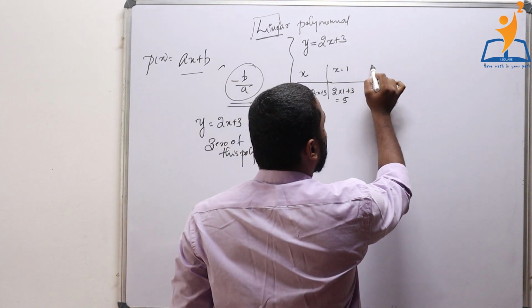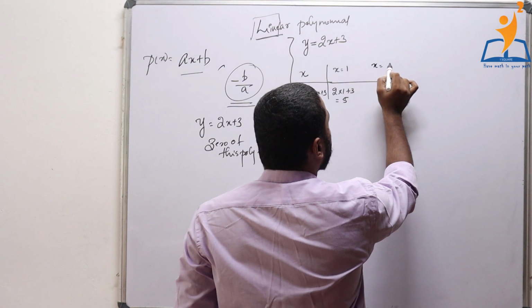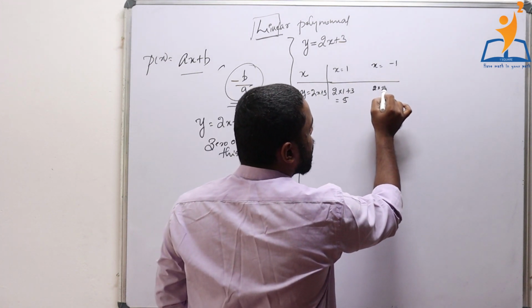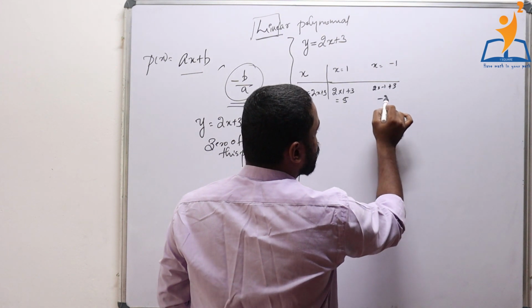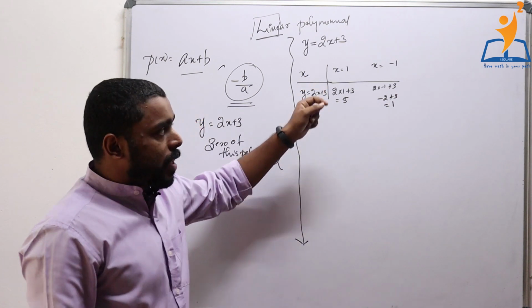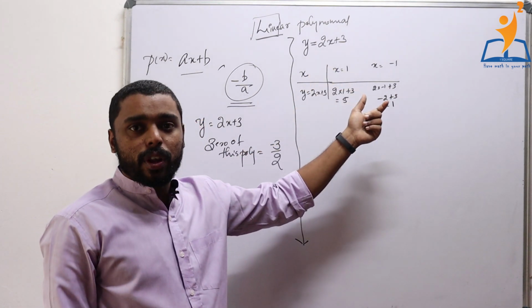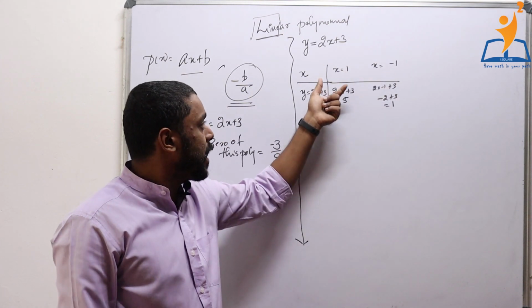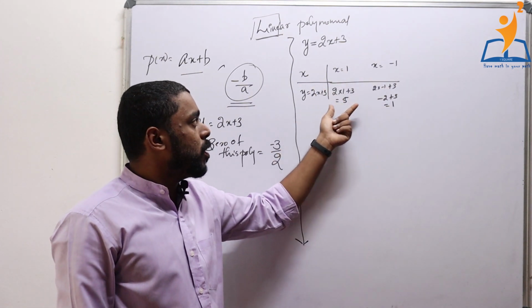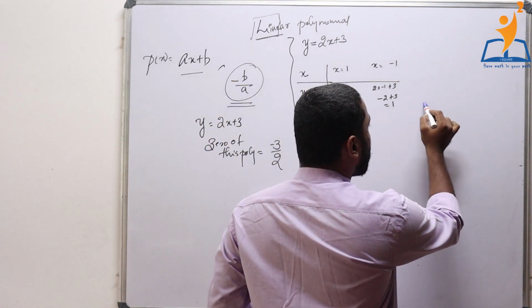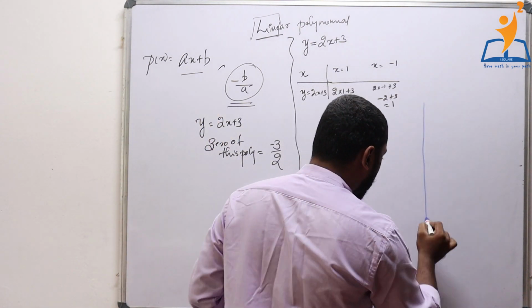And when x is equal to minus 1, y is equal to 2 into minus 1 plus 3, equal to minus 2 plus 3, equal to 1. So we can substitute any value for x and we get corresponding values for y like this. So now we can plot the graph of the function like this.